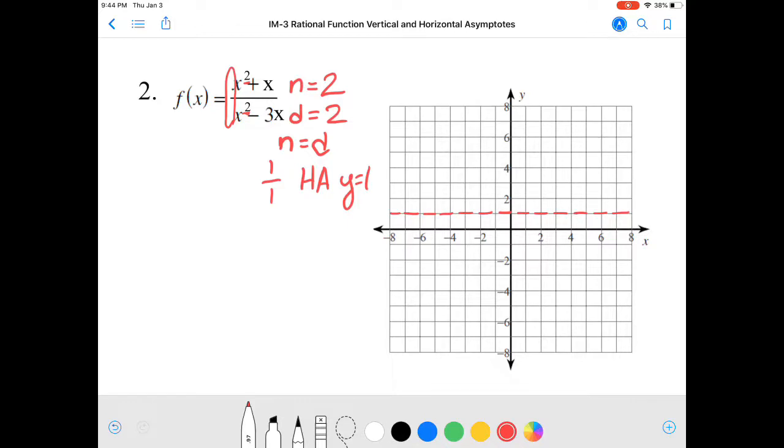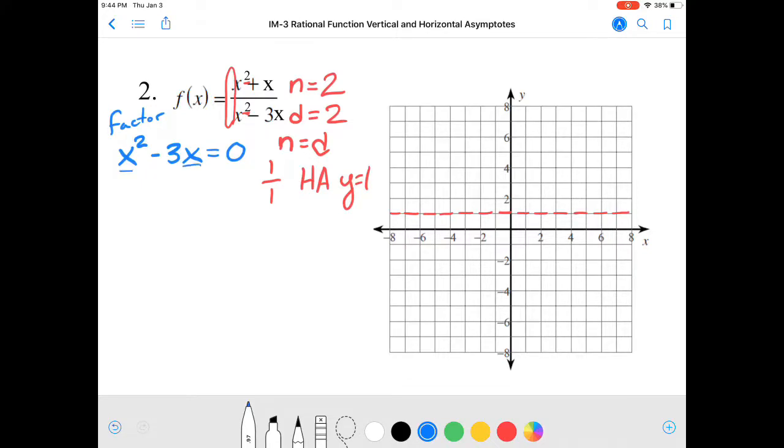Now we can find our vertical asymptote. For our vertical asymptote, we're going to look at our denominator again, which is x squared minus 3x. This is one we're going to have to factor because we have a degree that is higher than 1.